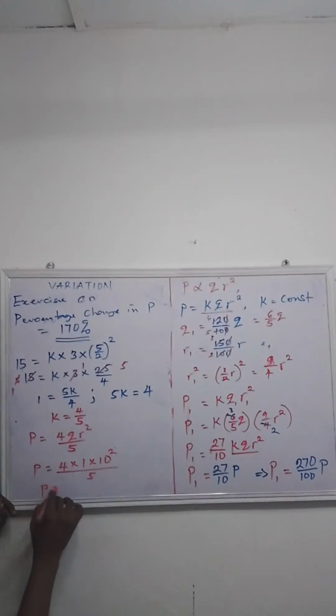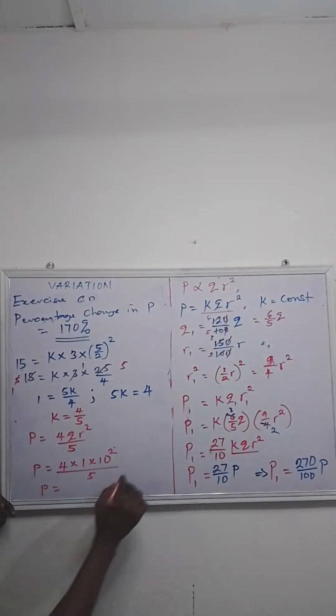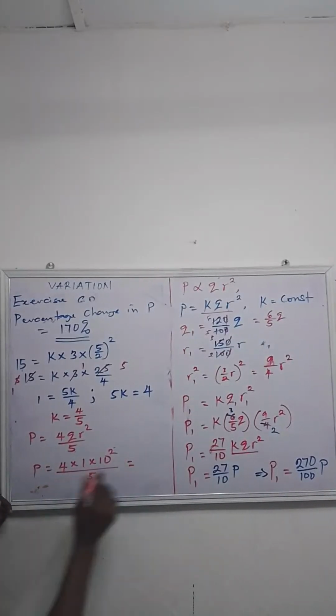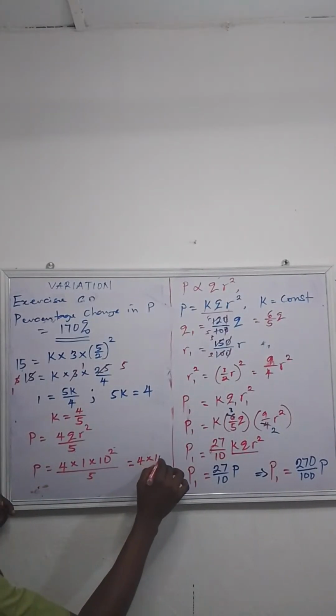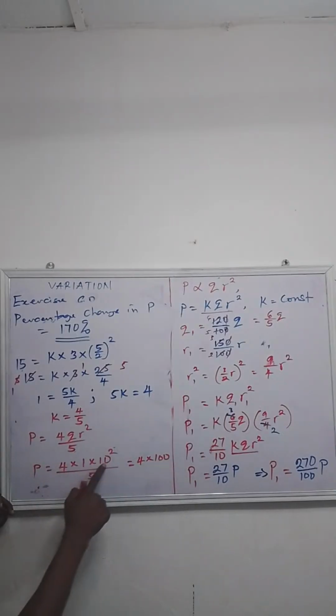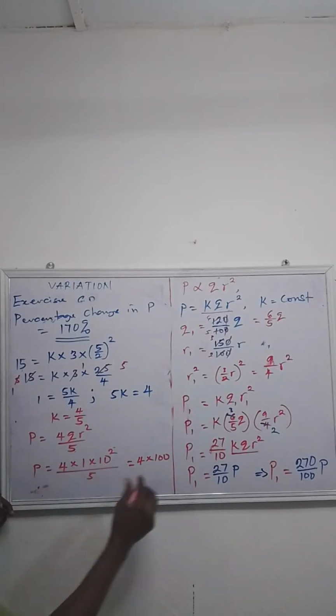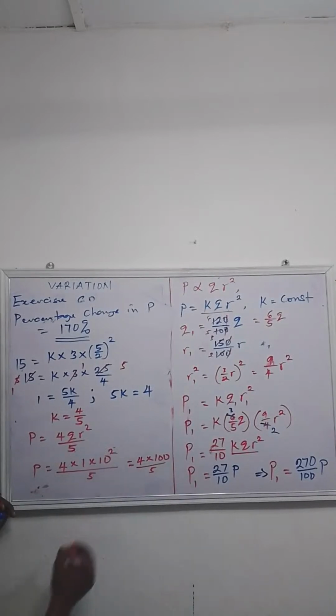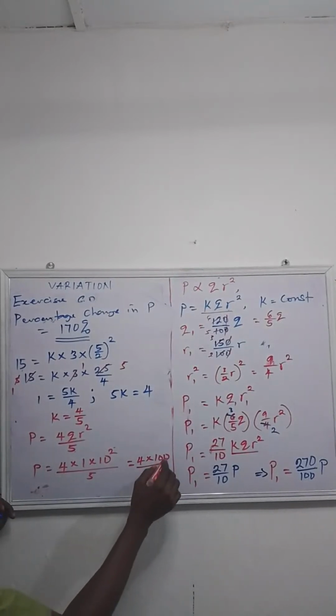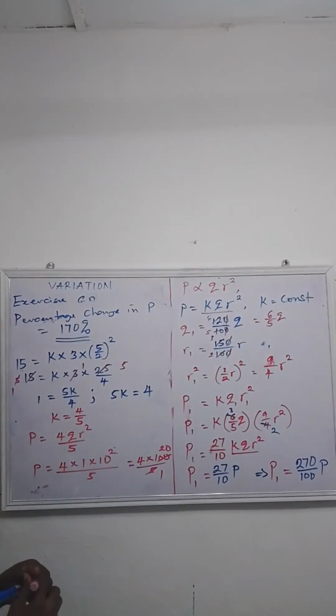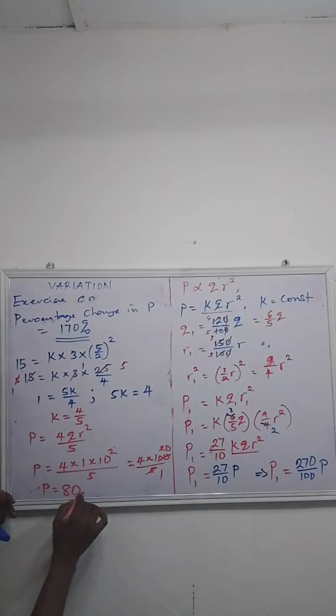So that is 4 times 100, because 10 times 10 is 100, and everything over 5. So 5 goes into 5 once, 5 goes into 100 twenty times. So 4 times 20 gives you 80. So we have P equals 80. So this is going to be the answer to the problem.